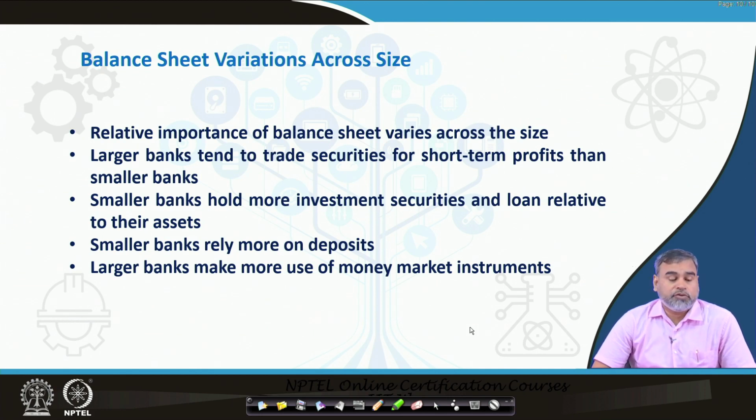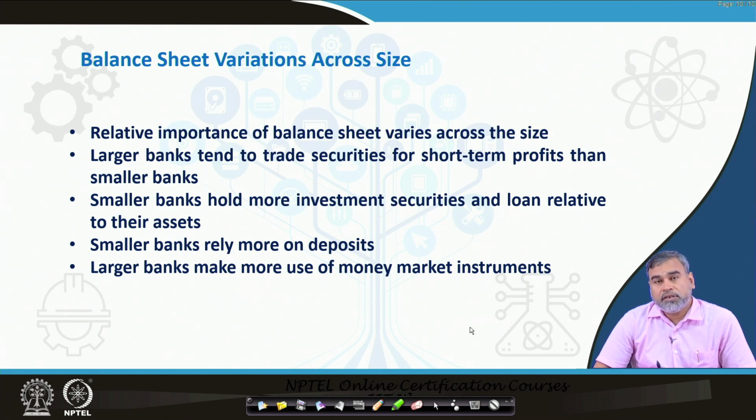Then it has been observed that there is a variation in the balance sheet across the size of commercial banks. What kind of observations do we have? The relative importance of balance sheet items varies across size. What does it mean? Large banks tend to trade securities for short term profits more than smaller banks.